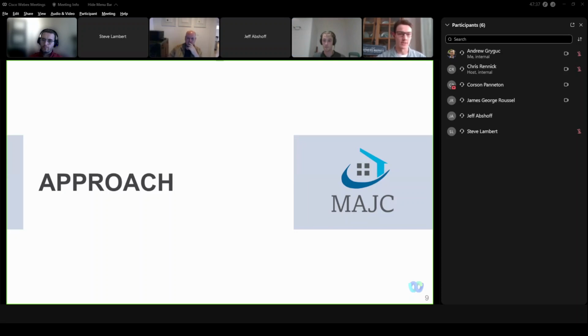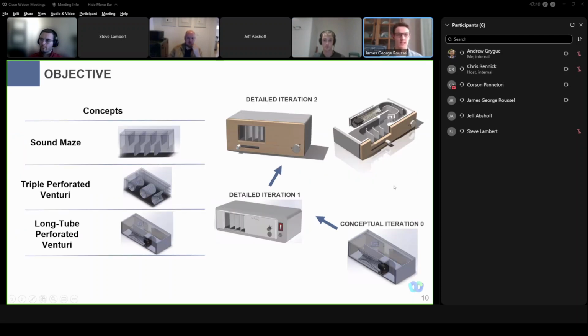All right, jumping into the approach here. Initially, our objective, we started with some concepts for this magic device, as seen on the left here. These use different technologies that we found through research, looking at things like mufflers for cars and things of that nature, and then putting it all into this box that will fit into a window.